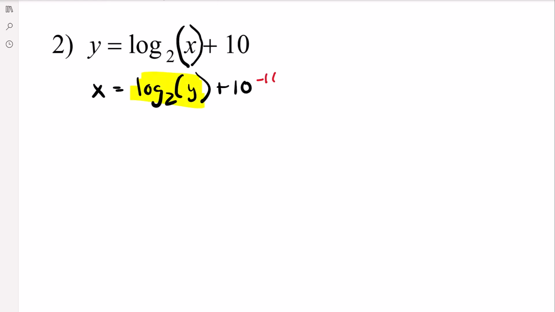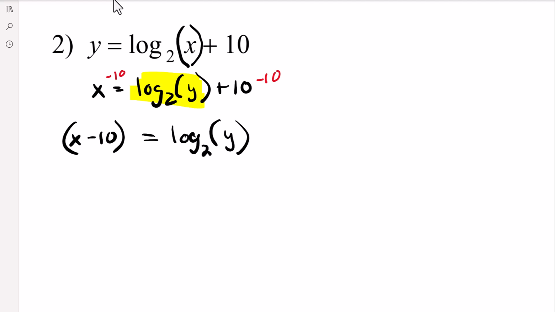So we'll subtract 10 from both sides. When I subtract 10, we're going to put that in parentheses. So here's our base. Here's our argument. Here's our exponent. And we're going to rewrite it as b to the n is equal to a.